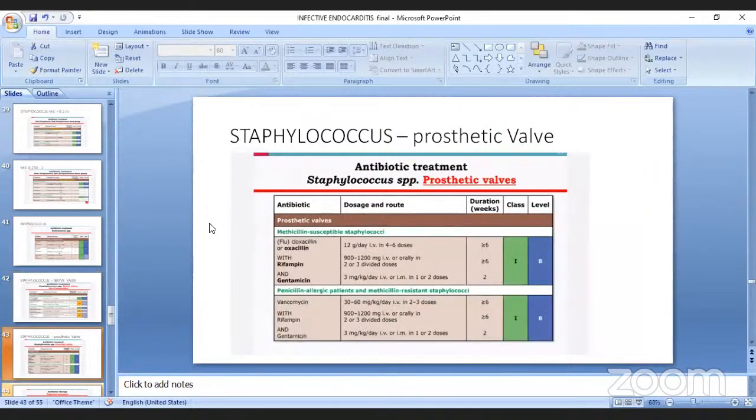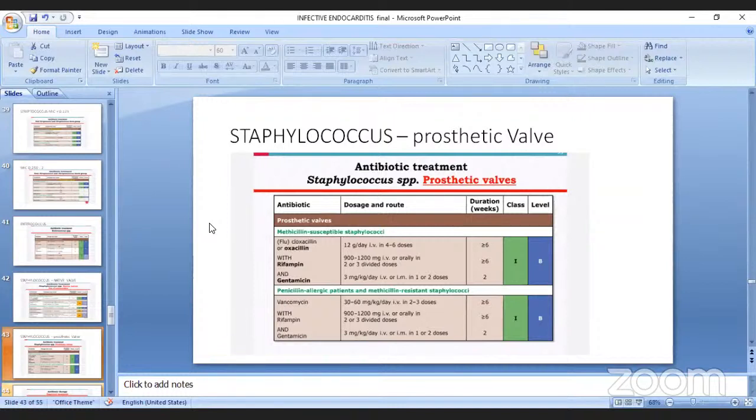Now my MCQ says the patient has prosthetic valve endocarditis and the patient is methicillin susceptible. Now again you're getting confused, thinking the drugs have changed. No, dear, the drugs have not changed. The only thing that changes is that whenever a question comes on prosthetic valve, you just have to add 2 things: rifampicin and gentamicin.